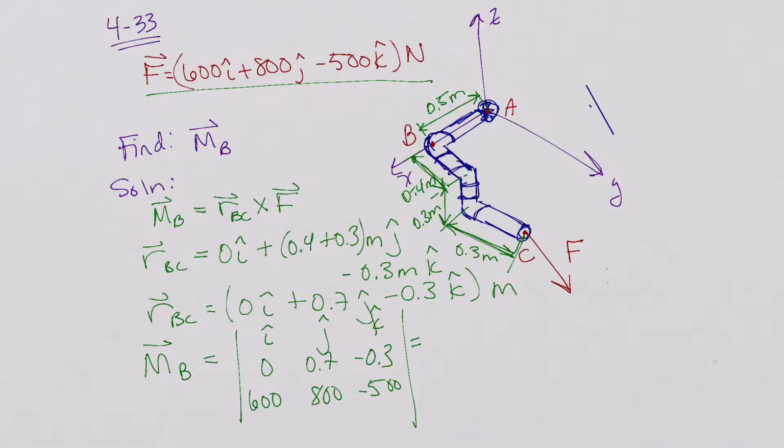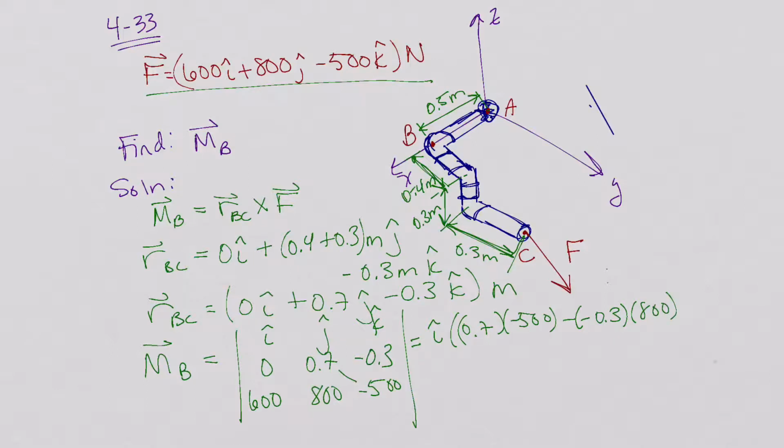Now we'll just do our determinant method, so we get I times 0.7 times negative 500, minus negative 0.3 times 800.